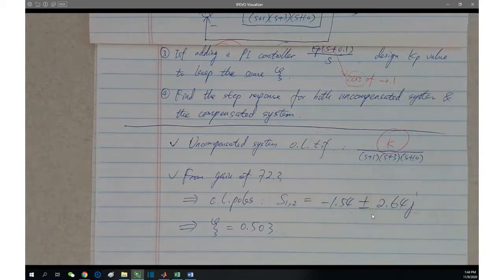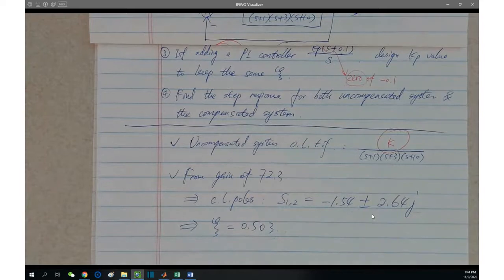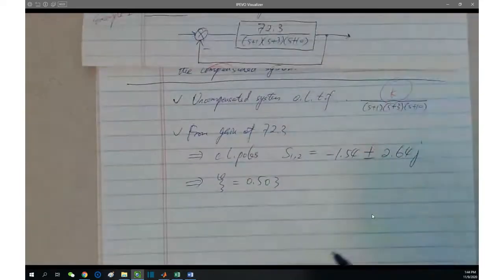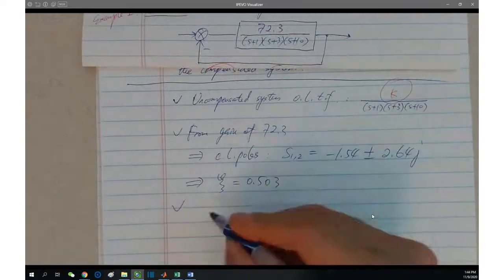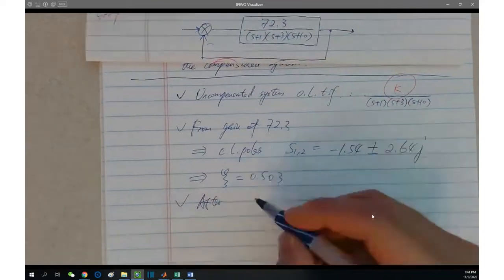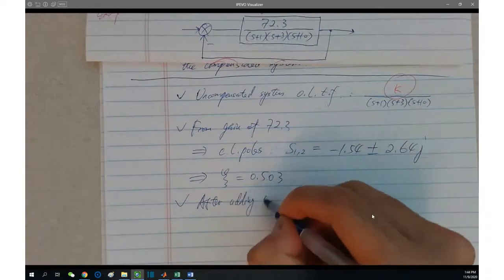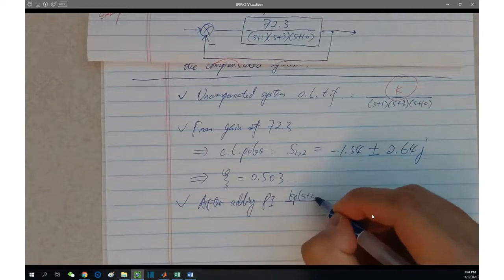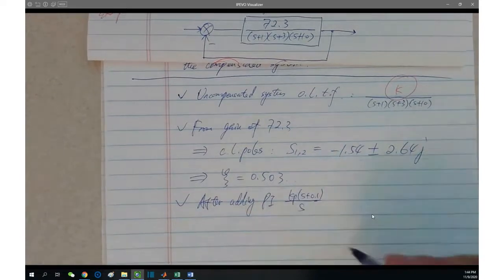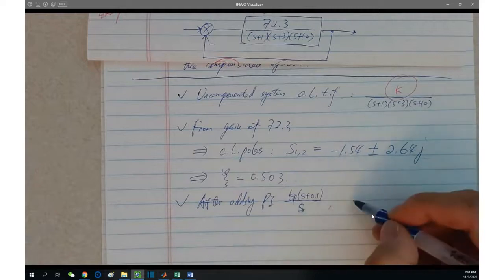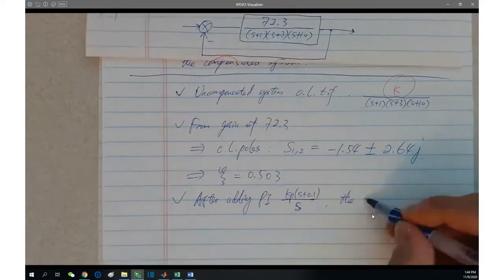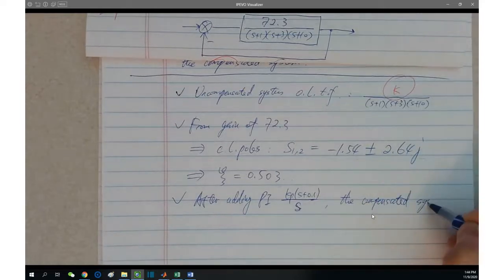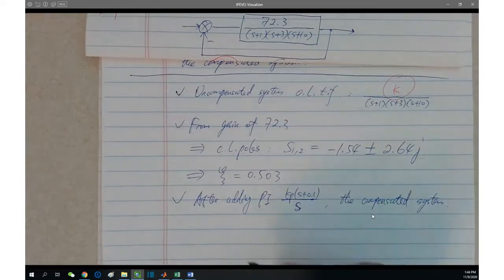Okay. If you verify this, but on the paper, we understand this. So after adding the PI controller, which is Kp times (s + 0.1) over s, the compensated system looks like this, right?